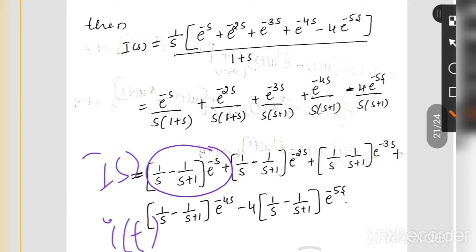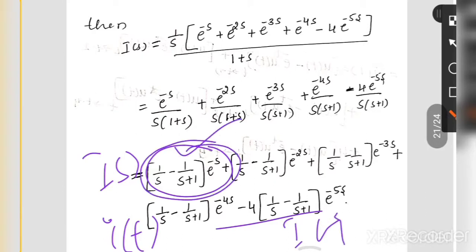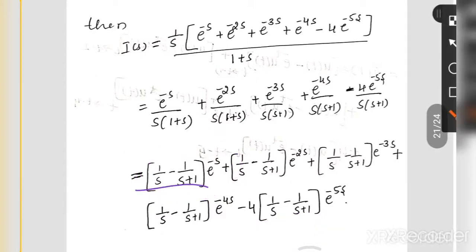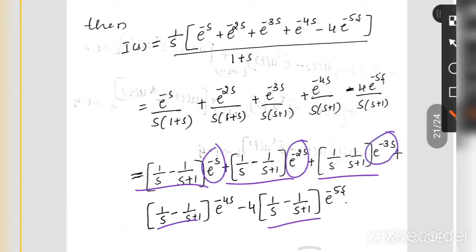So we have to apply the inverse Laplace transformation. To calculate that, I'll consider only one factor, and the remaining factors are all of the same form. If you observe, only the delay is different for each factor.